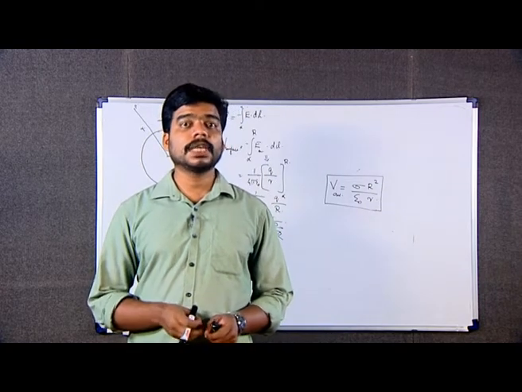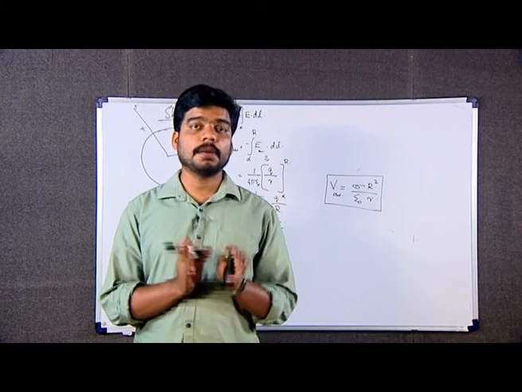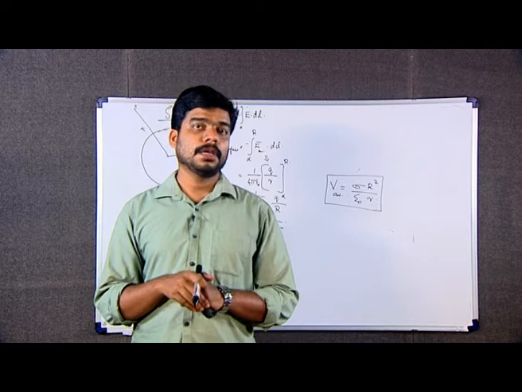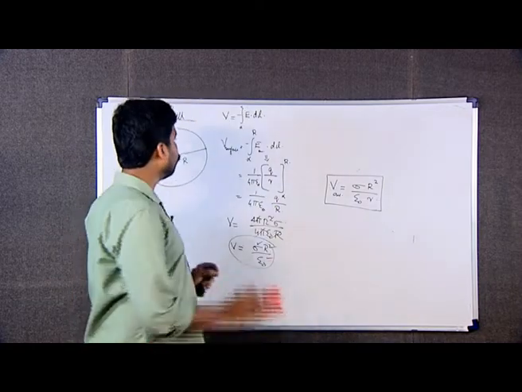The potential inside the shell is actually the sum of the potential outside and the potential inside the shell. So, how can I write the potential V inside?